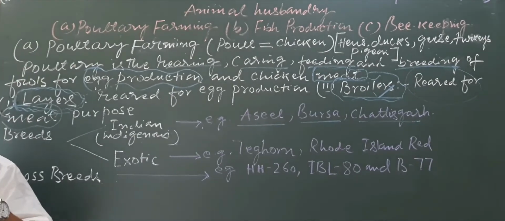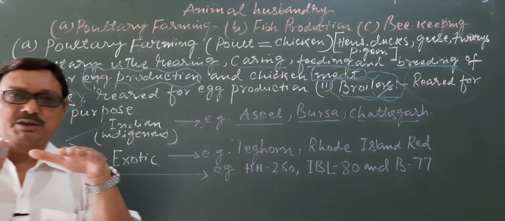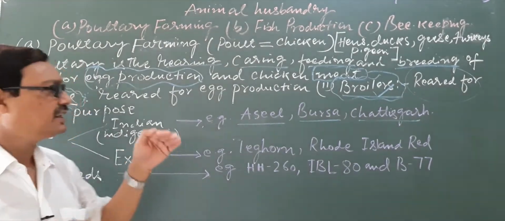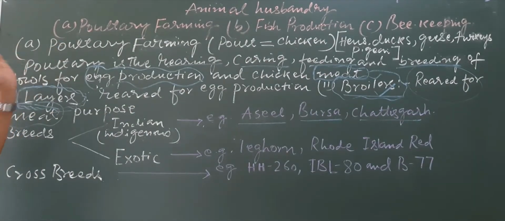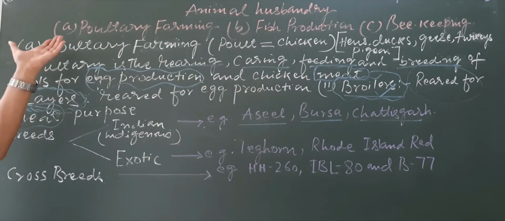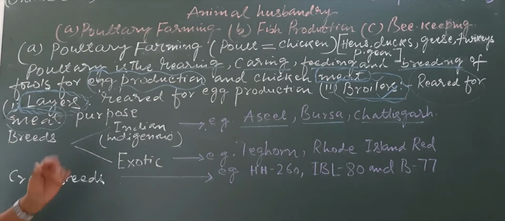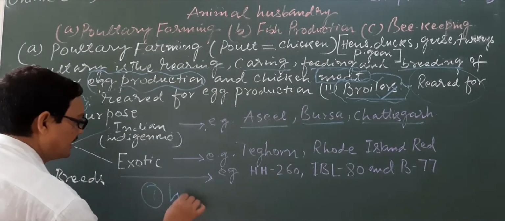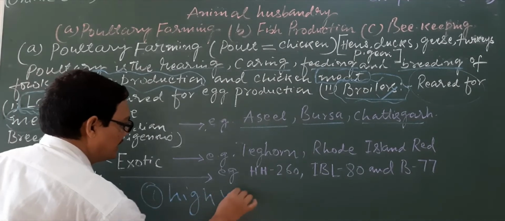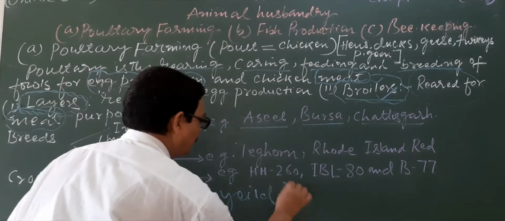Number one, the main and basic feature of any farming, as we have seen in cattle farming and in agriculture production also. Number one, the main important thing is high yield and good quality.